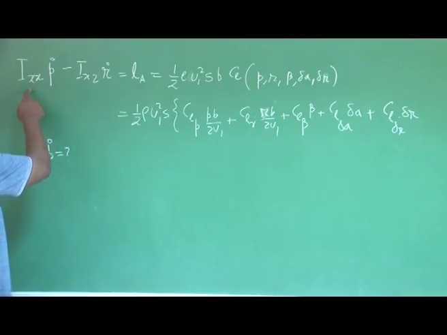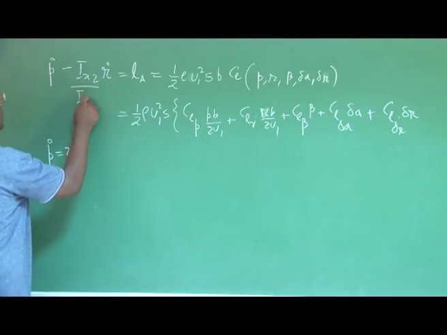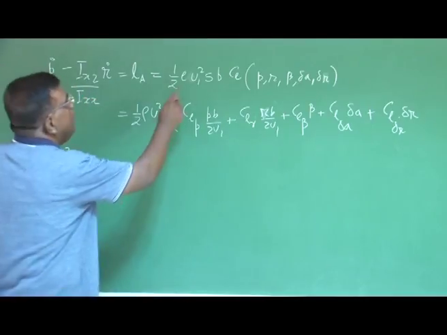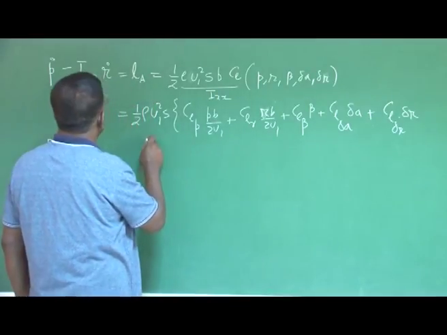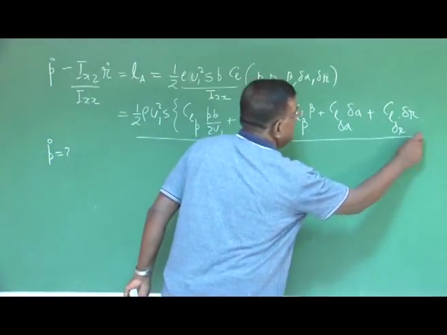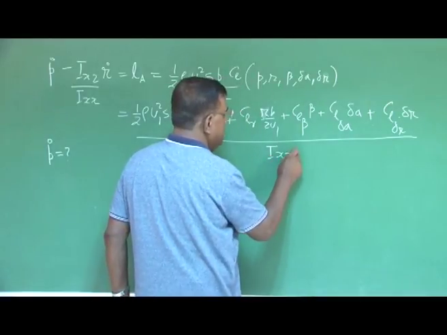Okay. Now, if I write this P dot equal to, what will this be equal to? I have to multiply left hand side and right hand side by Ixx. So, I remove this Ixx from here, and then there will be Ixx here, and Ixx here, which in turn means there will be Ixx over the right hand side.